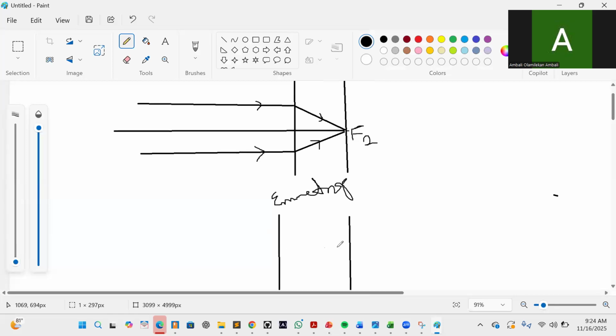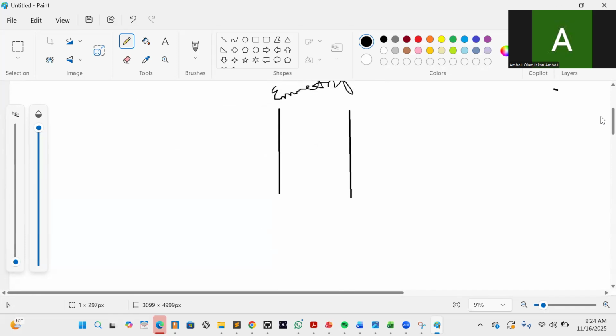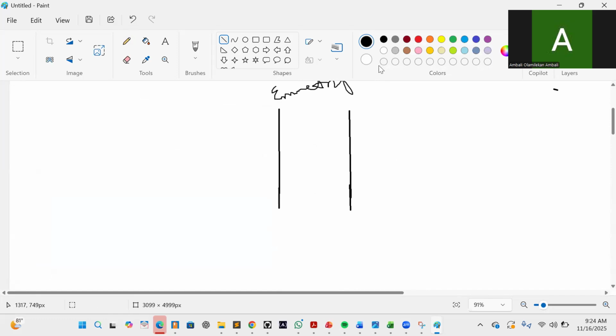So this axial length from the principal plane to the retina is longer in myopia, so you can draw the two together if you want. Let's define optically what myopia is.